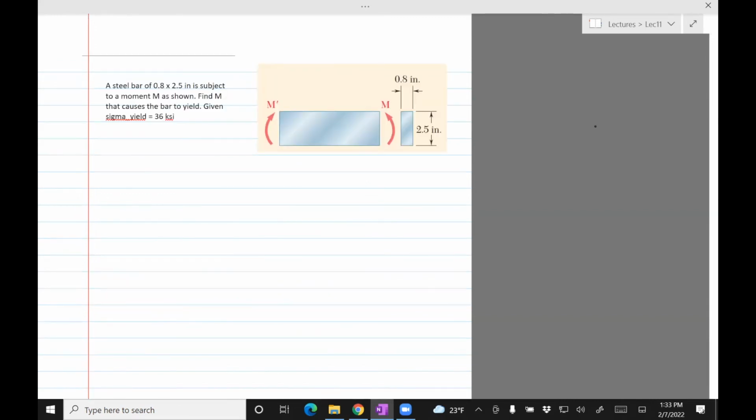A bar of 0.8 times 2.5 inch is subjected to a moment M as shown. Find M that causes the bar to yield, and given sigma yield is 36 KSI. This is sigma y is 36.